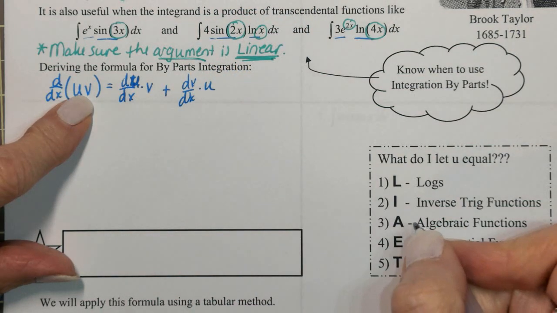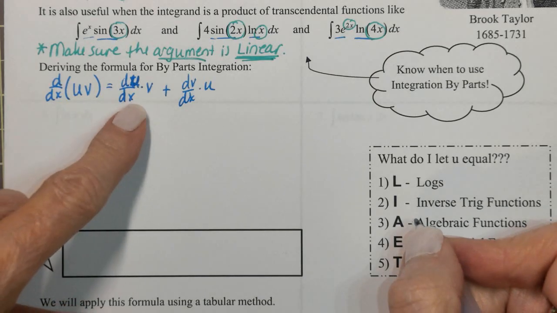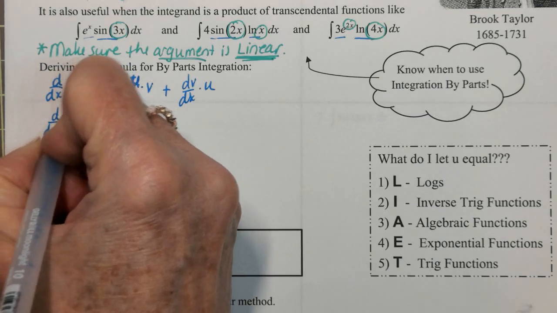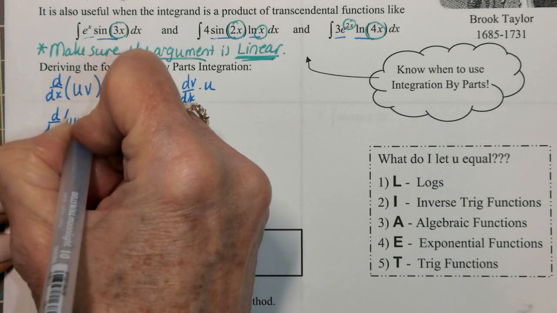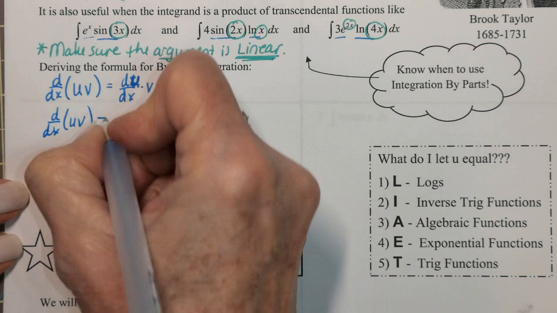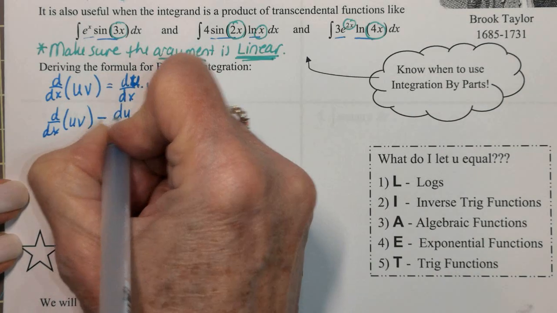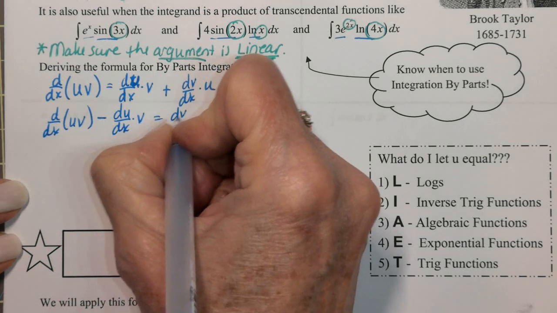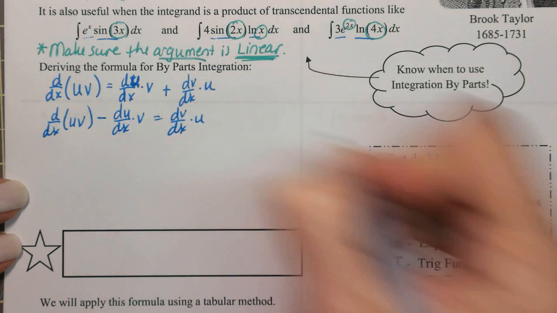Little product rule there. Now I'm just going to move this term to the other side. So I'm going to have that minus du dx times v is equal to dv dx times u.